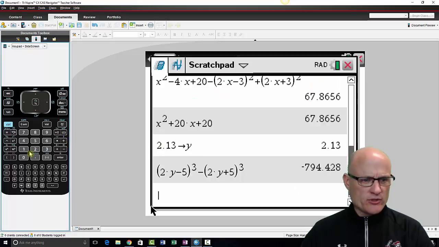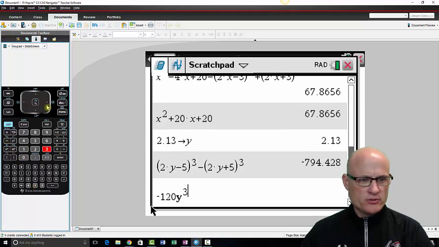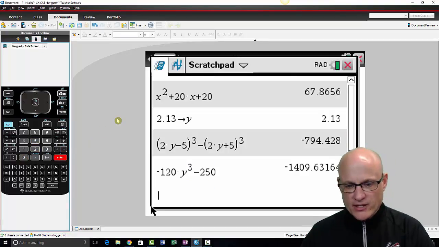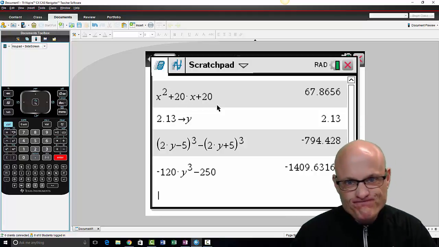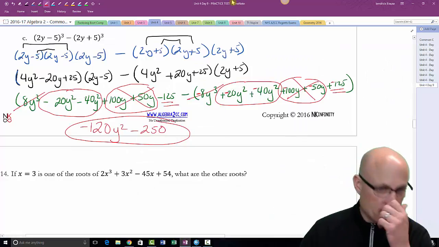And then I got negative 120y squared minus 250. Yeah, I knew I screwed up somewhere. Son of a gun. Where did I make my mistake?